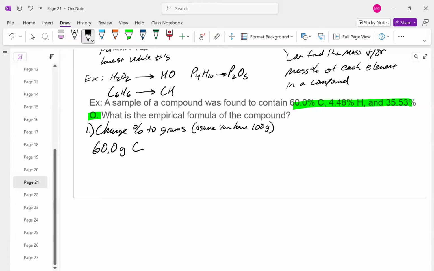If it's 4.48% hydrogen and I have 100 grams of it, that's 4.48 grams of hydrogen. I'm just multiplying all these percents by 100. Or in reality, if all you want to do is just drop the percent and make grams, that's fine. Just whatever you want to do to keep it straight. But I'm basically just taking those percentages and making them into grams first.